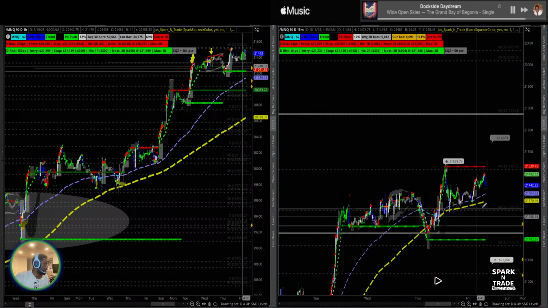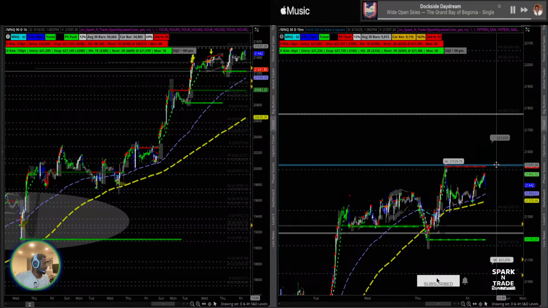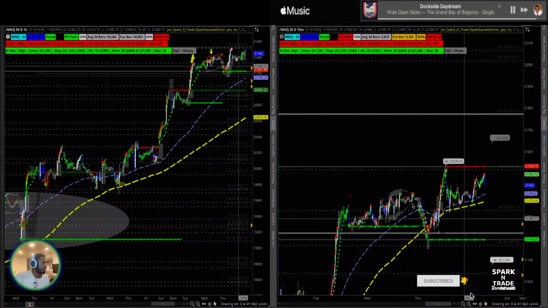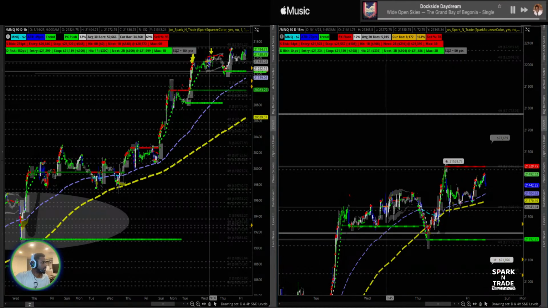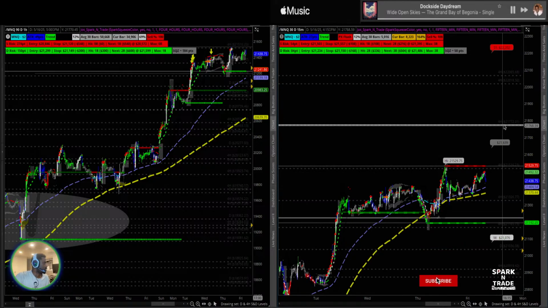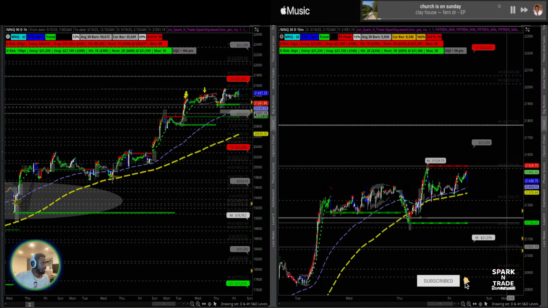But before we do that, let's plot out our supply line and demand line. So clearly we have supply up there, which we rejected yesterday. We got demand down there. And then we got 1 hour demand. For now, we're going to leave that 722 as supply for the 1 hour. You don't really have any supply here on the 1 hour.